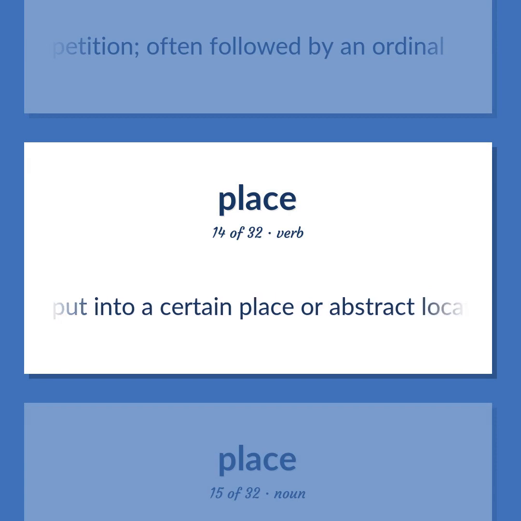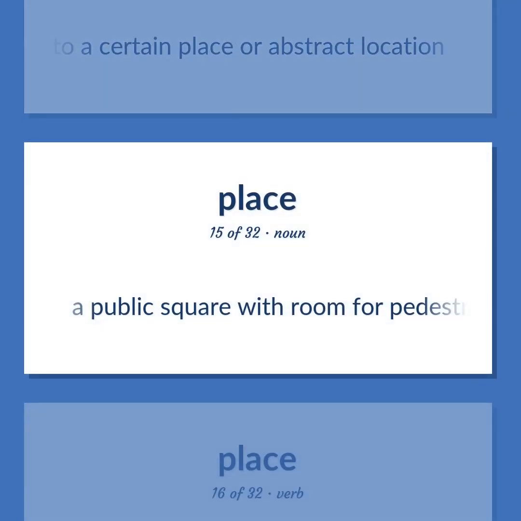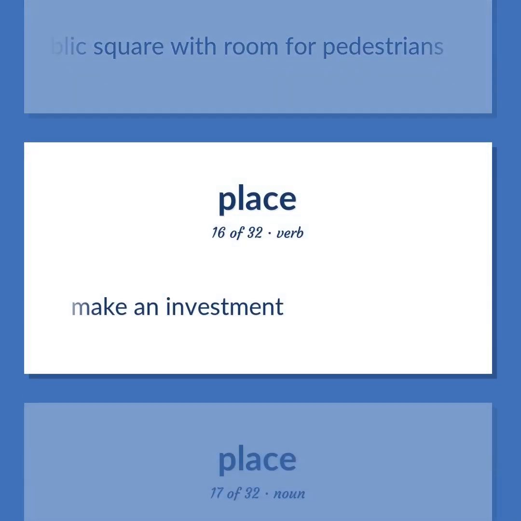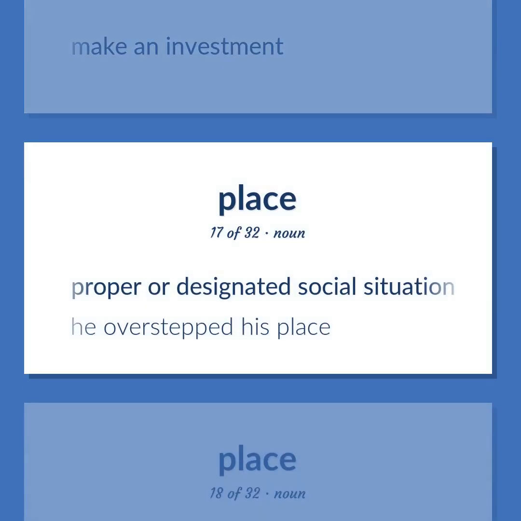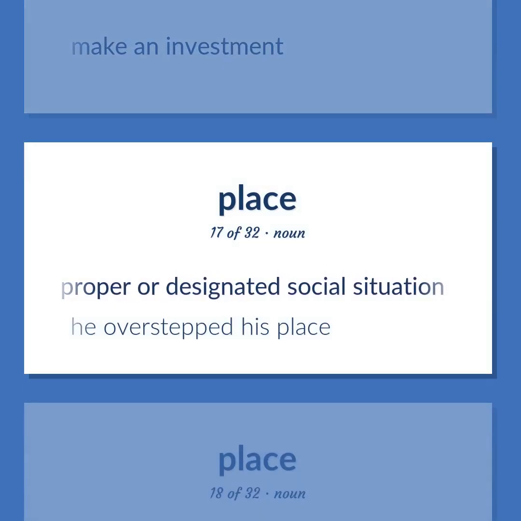Put into a certain place or abstract location. A public square with room for pedestrians. Make an investment. Proper or designated social situation. He overstepped his place.